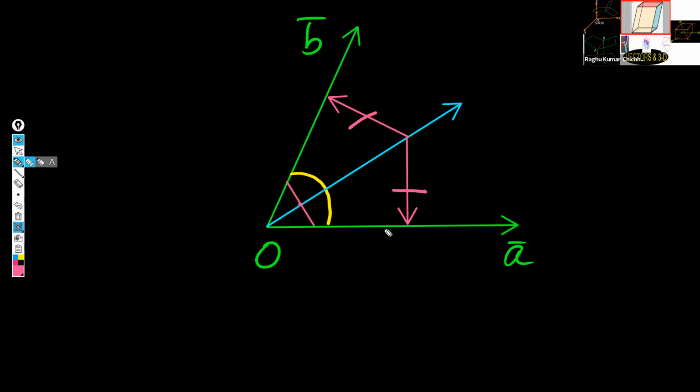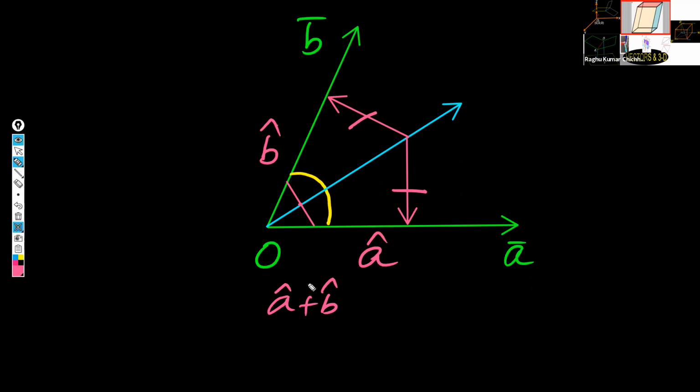So what we do now, we express a unit vector along A bar. This is A cap. We express another vector along B bar as B cap. Then we can simply say that (A cap plus B cap) divided by 2 definitely lies on the internal angular bisector.